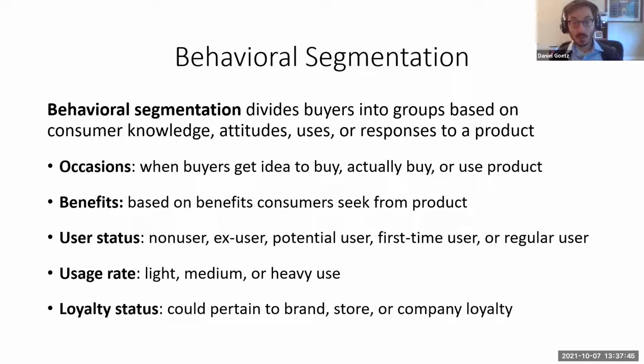Benefits is also another important form of behavioral segmentation. Benefits depends on different customers or different consumers may get different value from the same product. For instance, we saw with Toyota that there were a ton of different advertisements, right? Some of them seem to be pushing that it's a very safe car, a very safe brand.